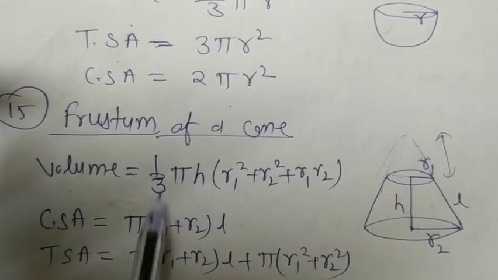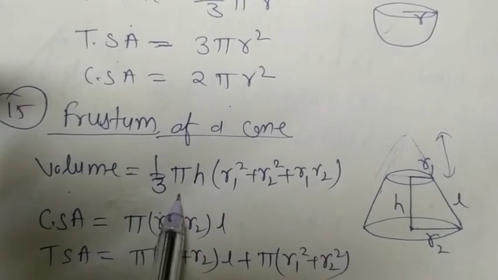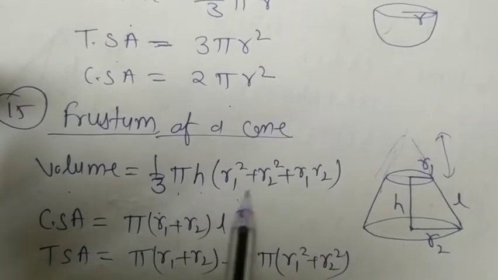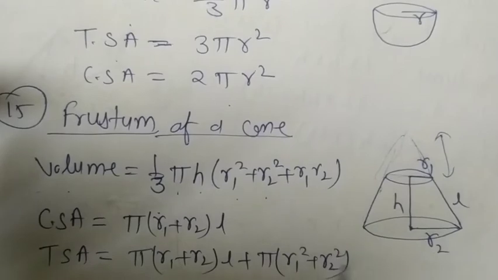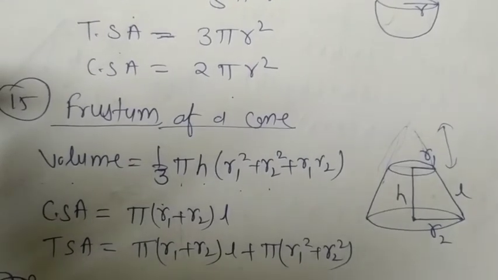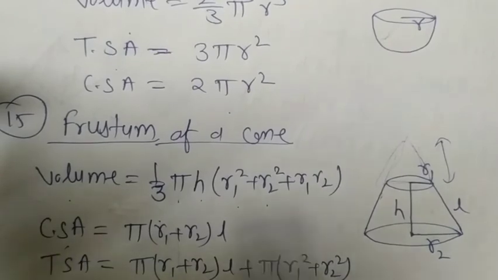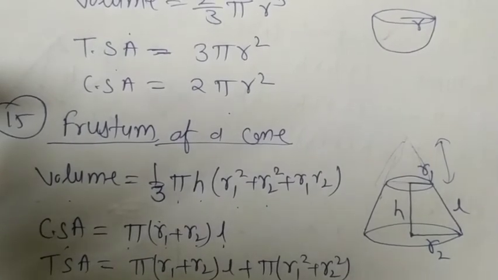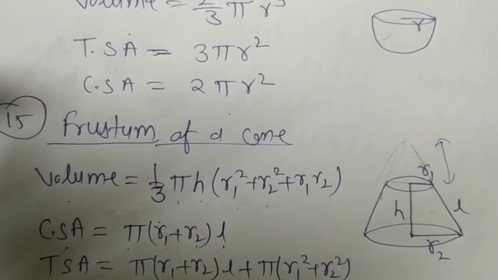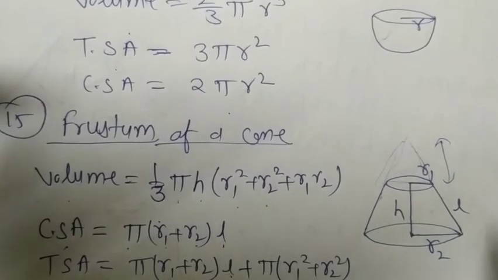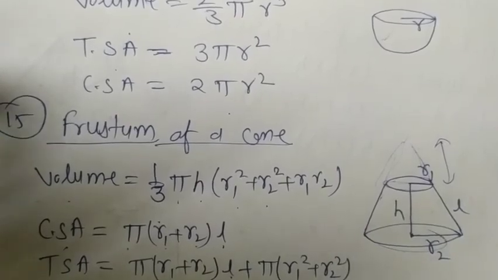The volume will be 1/3 pi h (r1 square plus r2 square plus r1 r2). You can also find the proof of this. Curved surface area will be pi (r1 plus r2) l. Total surface area is curved surface area plus top and bottom. Okay?